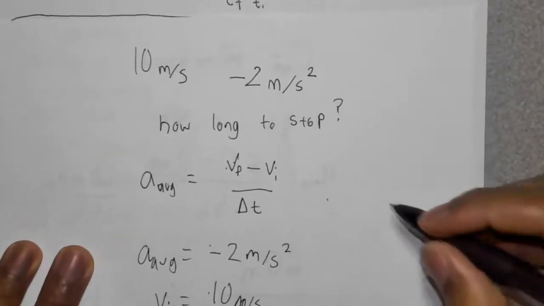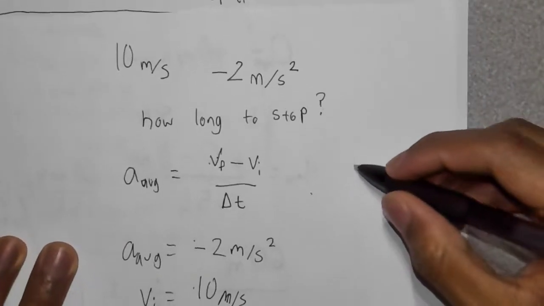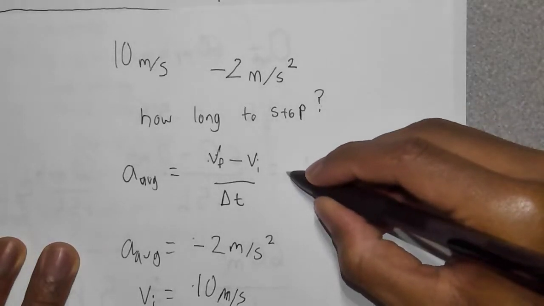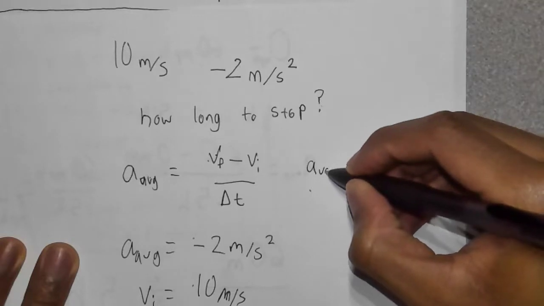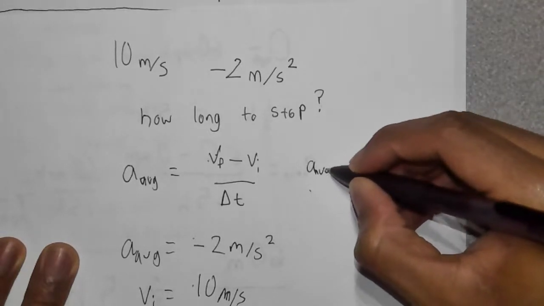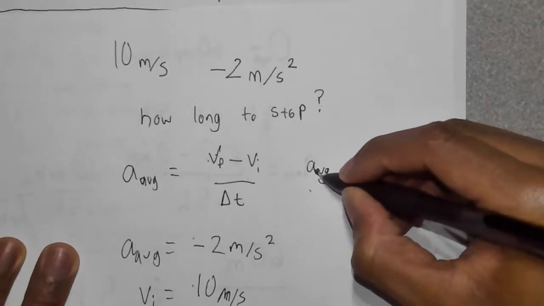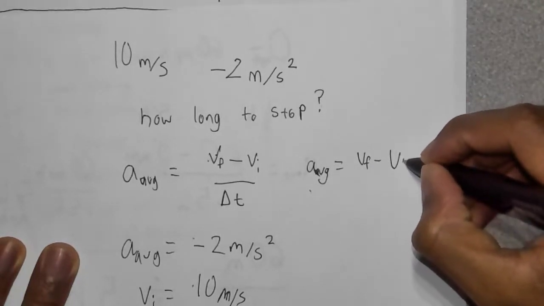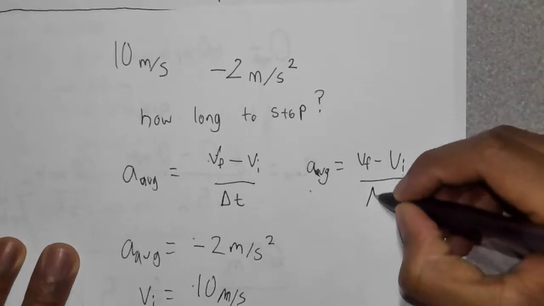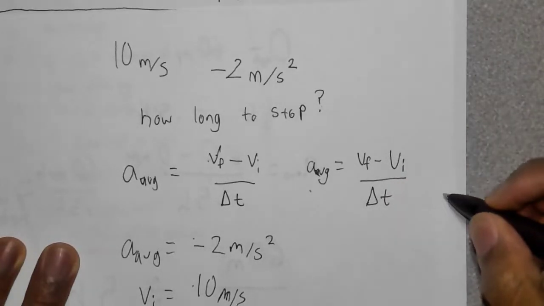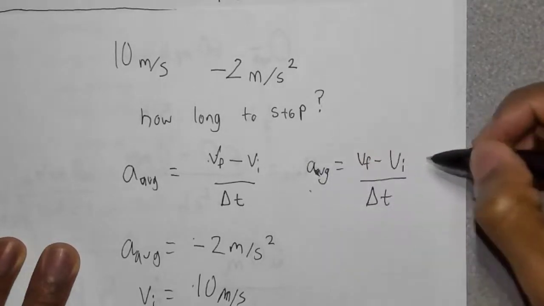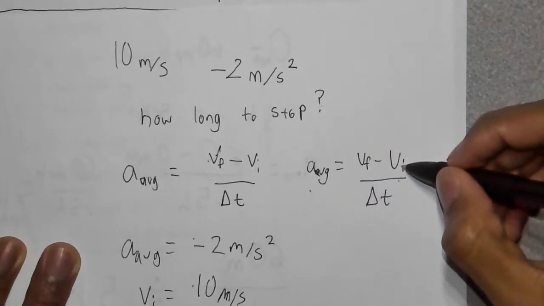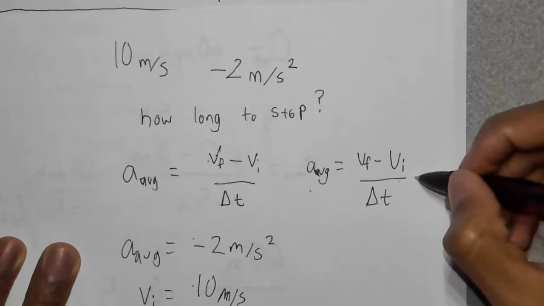So let me rewrite this equation so that I have delta t as what we're going to find. Here's the equation we use. I want delta t on one side. So here we have this part divided by delta t.